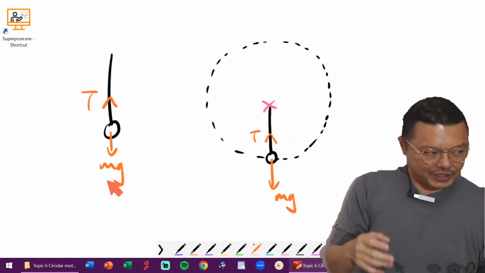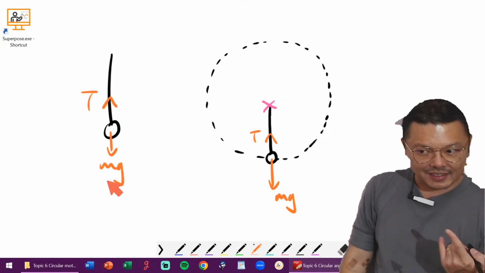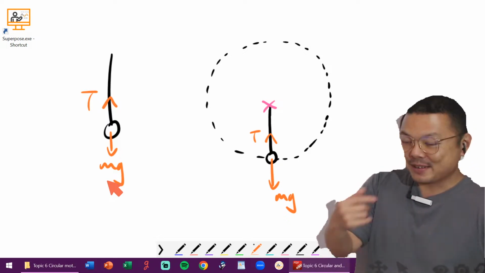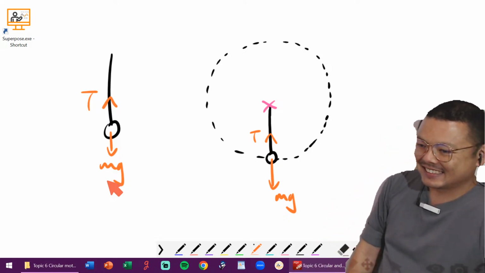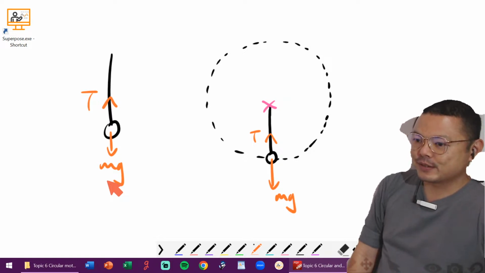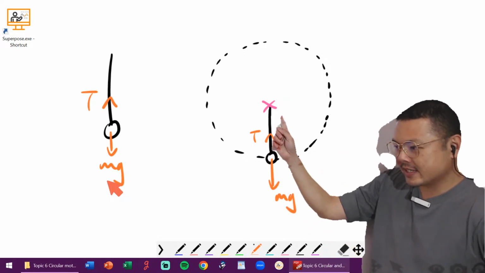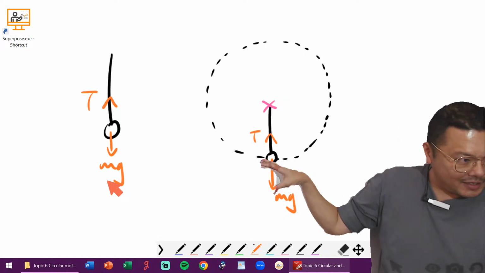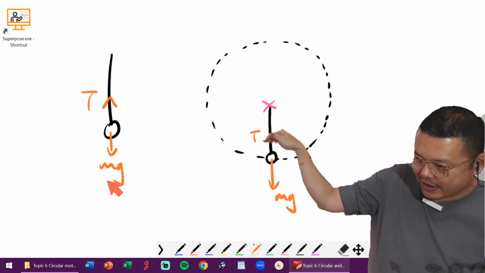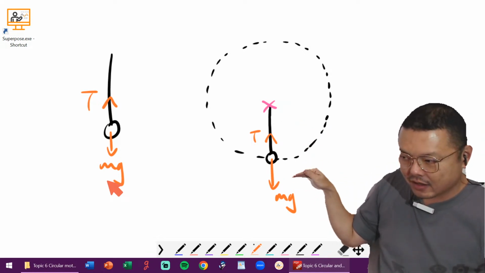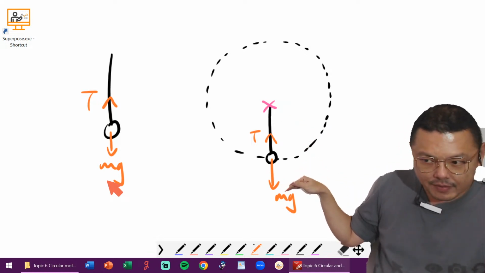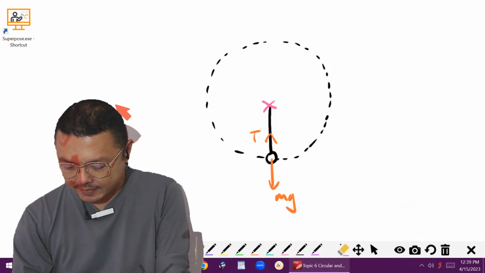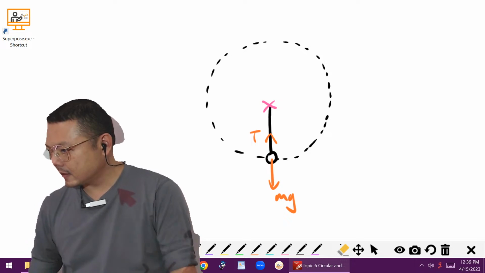But is it bigger or is it smaller? Think first. Now you tell me why bigger. Centripetal force. Correct. Centripetal force must point towards the center of the circle. So by looking at this diagram here, you should understand that the tension of the string is bigger than the weight of the pendulum, because it must have a centripetal force that's pointing towards the center.